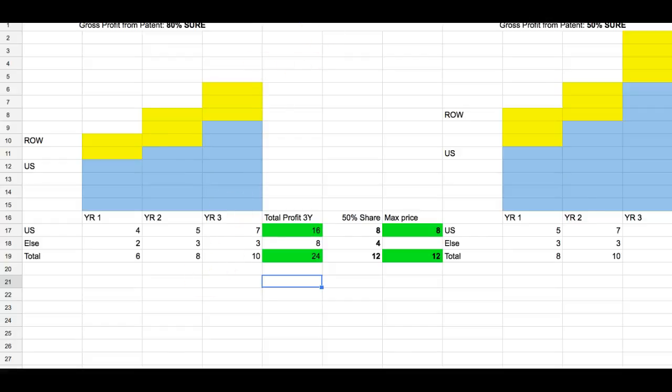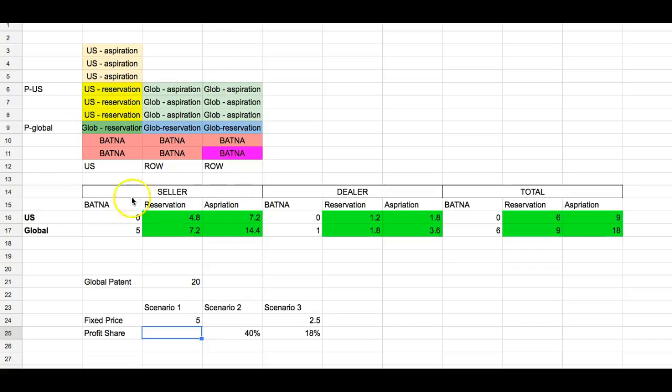Or as a seller, do you have difficulty creating this kind of scenario regarding your own revenue, your own scenarios, for example, your aspiration price and your reservation price and your BATNA? Where exactly do you see that difficulty?